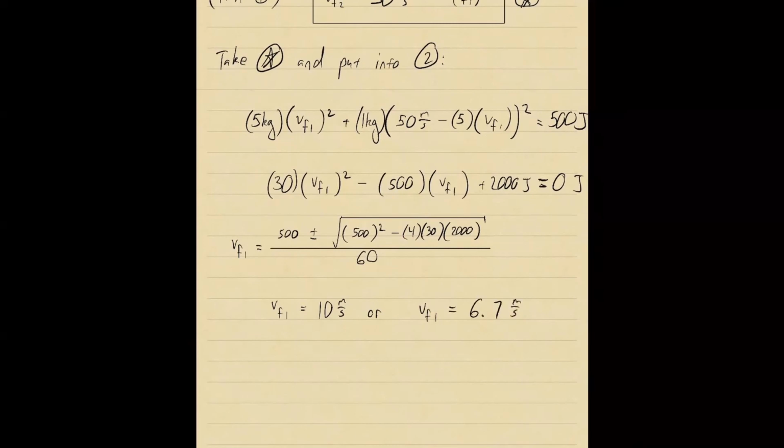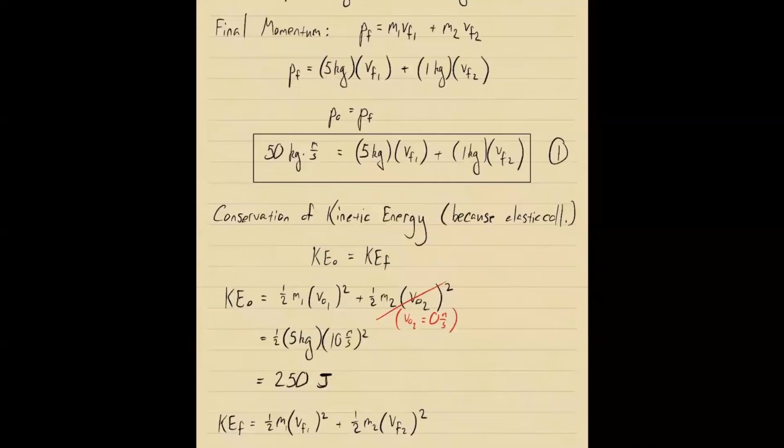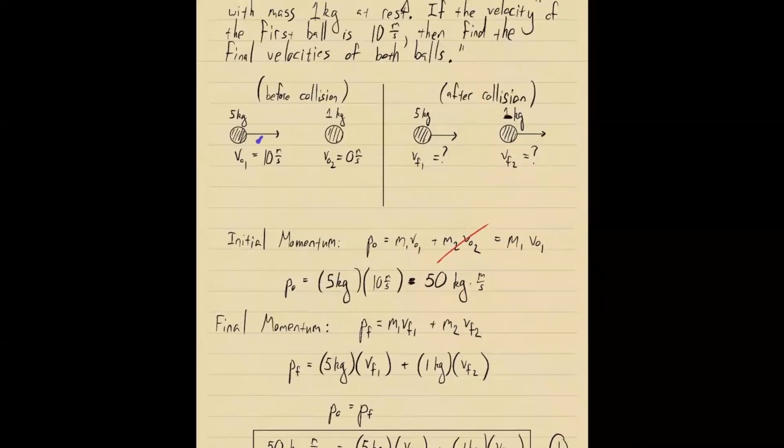Now, in the past, when we used the quadratic formula to solve a quadratic equation like we have here, we would always take the plus sign, just because that was the physical thing to do. In the past, if we took the negative sign, that would give us a negative time, which in those cases was not physically valid. But here, I want you guys to think a little bit. The initial velocity for our first ball, in fact, let me scroll up, was 10 meters per second.